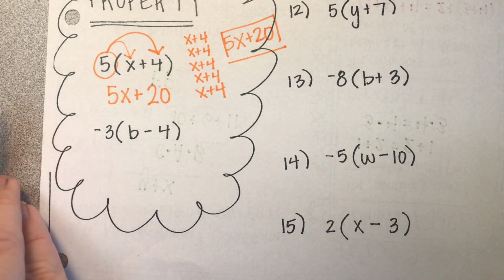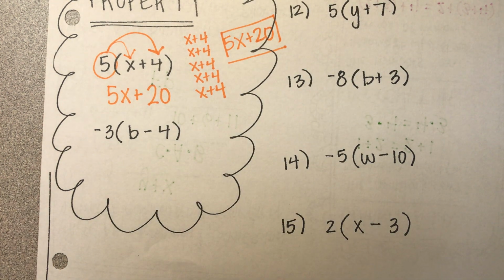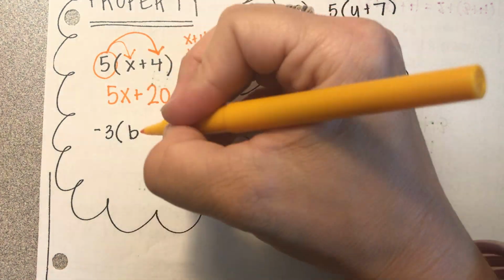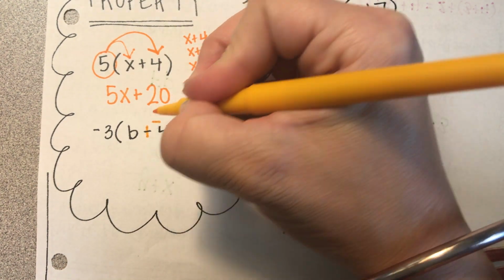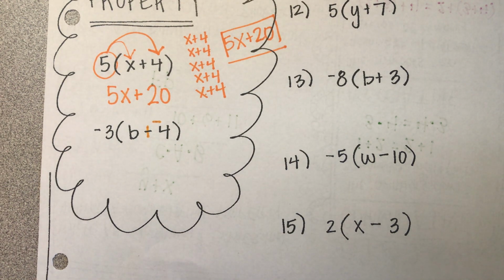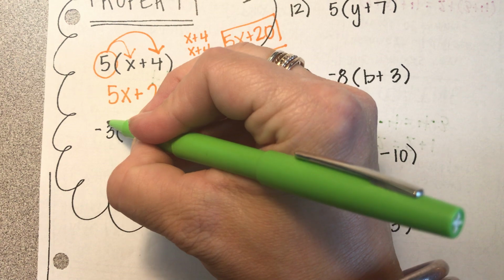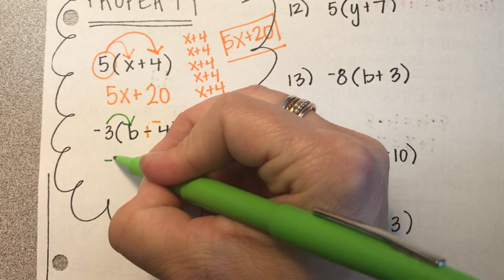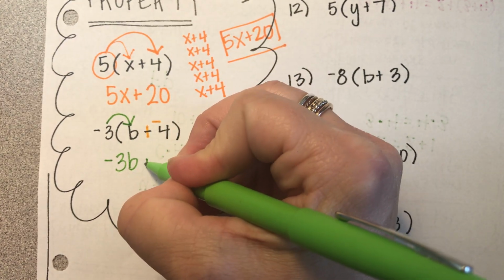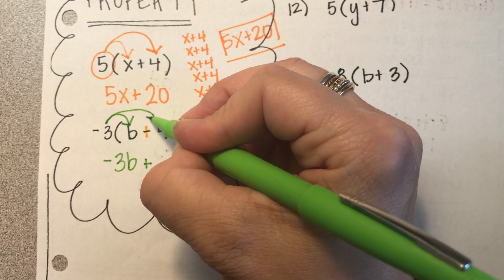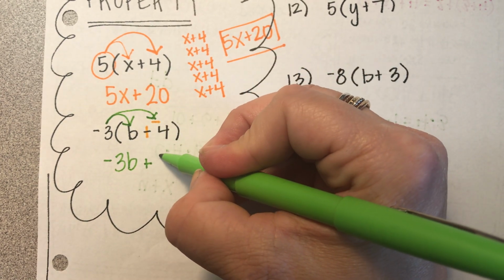Okay, and then down here we're going to distribute a negative 3, but before we can do it, I want you to do keep, change, change, otherwise the symbols are going to get confusing. So let's look at this one together. Now negative 3 times b is negative 3b plus negative times negative is what?